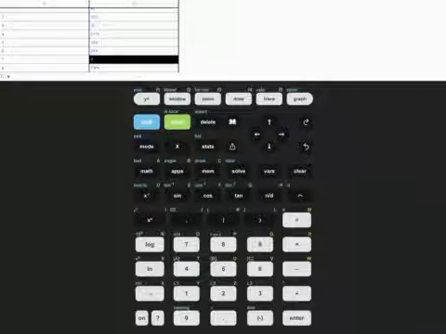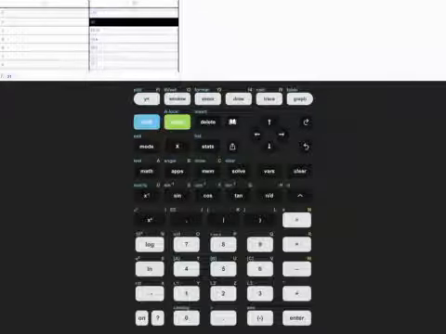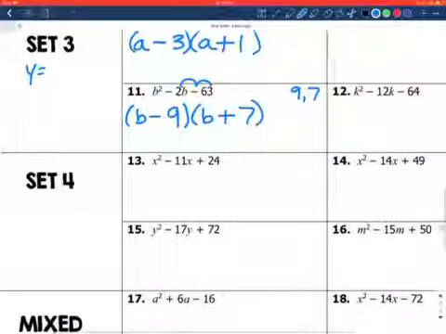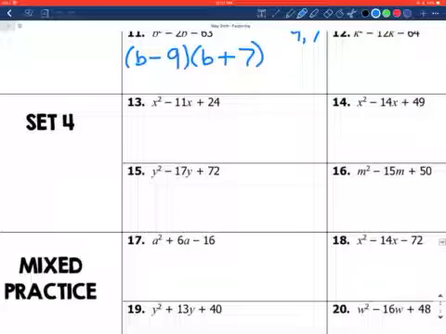All of these different numbers, not counting the decimal points, all the whole numbers that multiply to give you 63. So if we're looking for ones that will subtract to give me 2, 1 and 63 definitely don't. 3 and 21 definitely don't. 7 and 9 do, right? So that would be a quick, easy way to find those if you can't see them in your head.